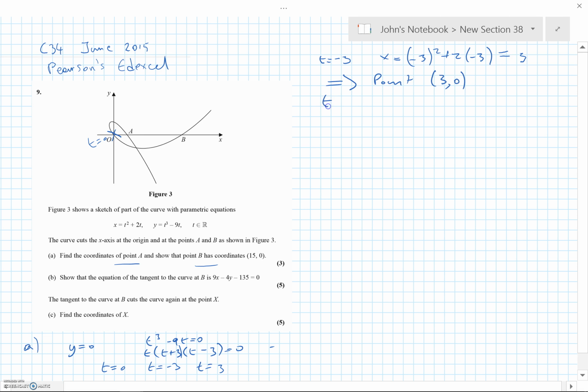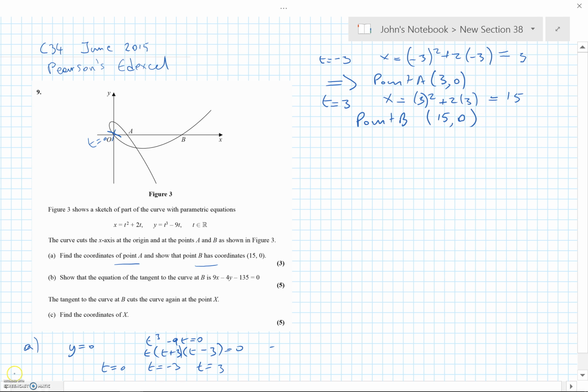And the other point will be our point B, where they're asking us to show that it's 15. So that's 3 squared plus 2 times 3, and that is 15. So that tells us that point B is (15, naught) as required. There we go, so that's that one.